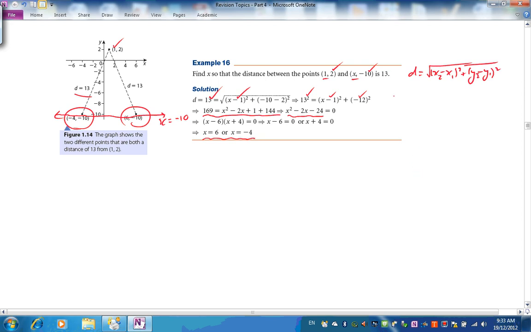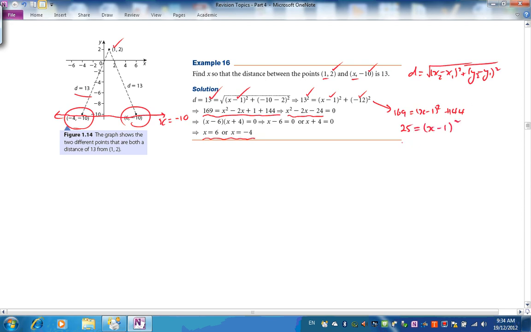There is another way of doing this here. Have you ever seen this? 13 squared is 169 equals (x take 1) squared plus 144. Take 144 away, 25 equals (x take 1) squared.